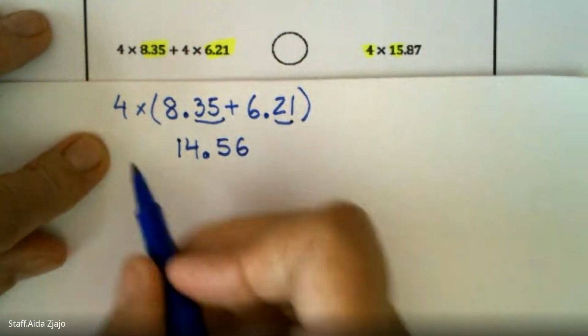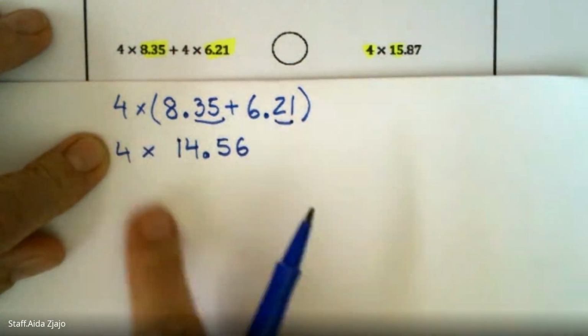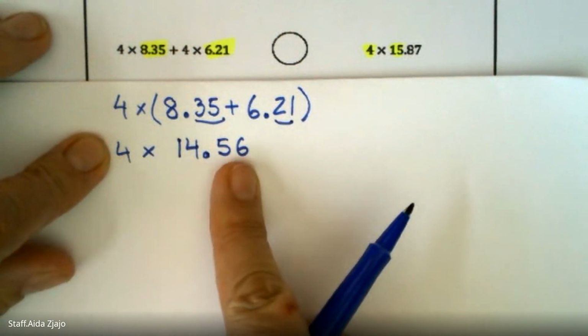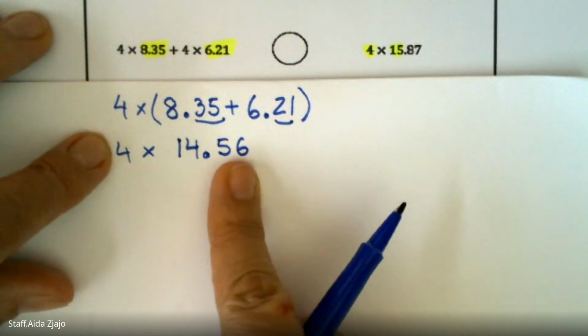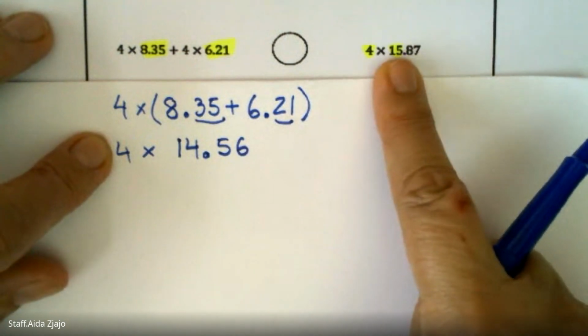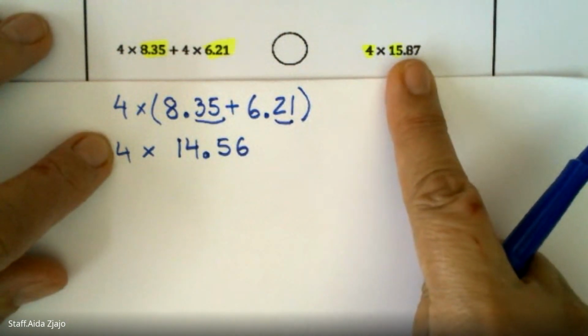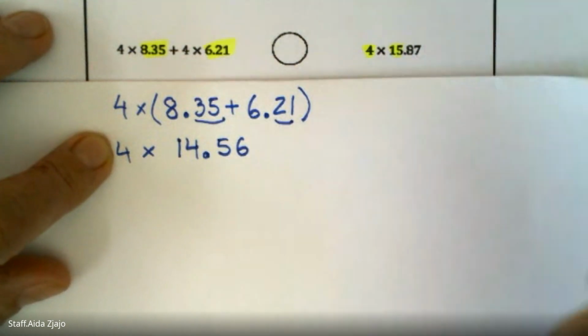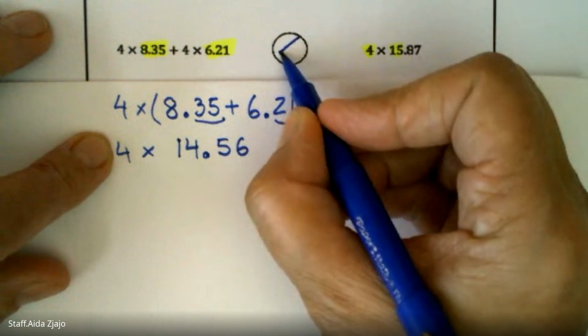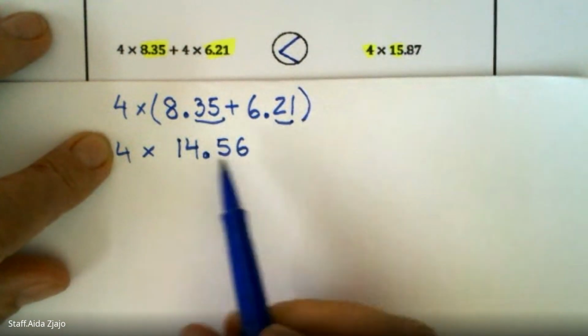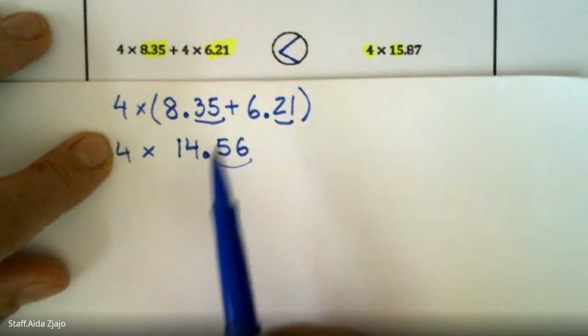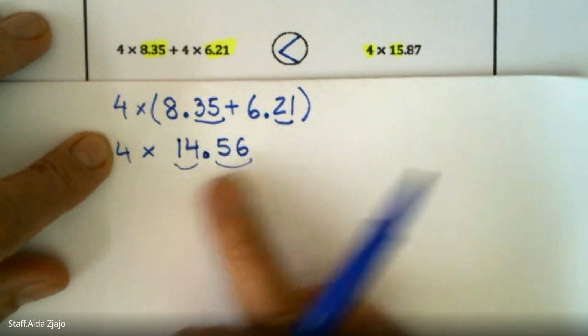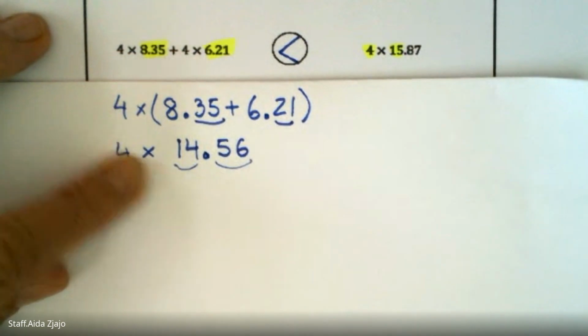So we know then on this side the product is 4 times 14 and 56 hundredths, while this one is 4 times 15 and 87 hundredths. So this side's product will be greater because there is a difference in between the wholes and also the hundredths.